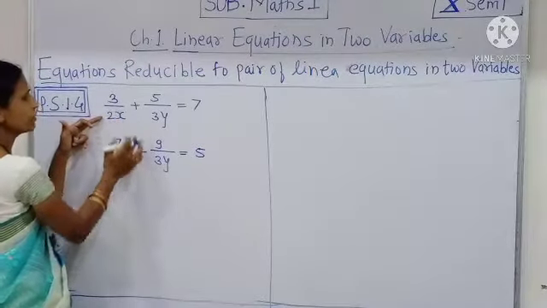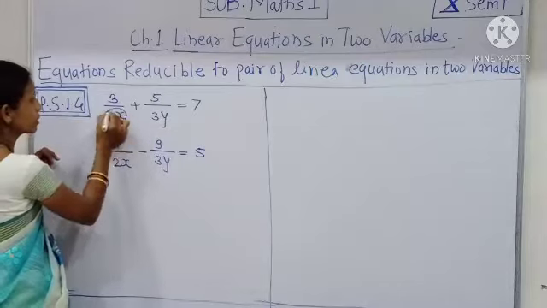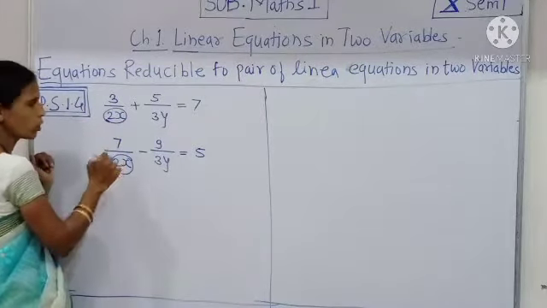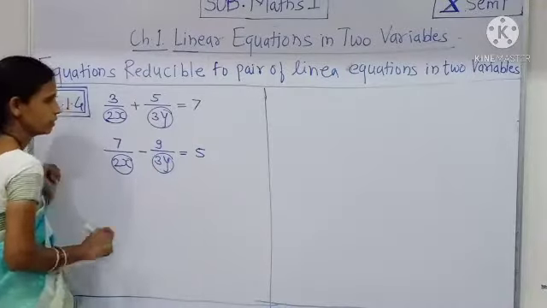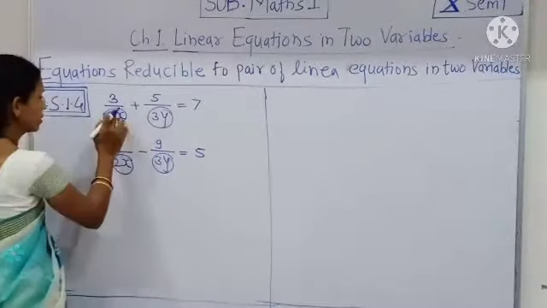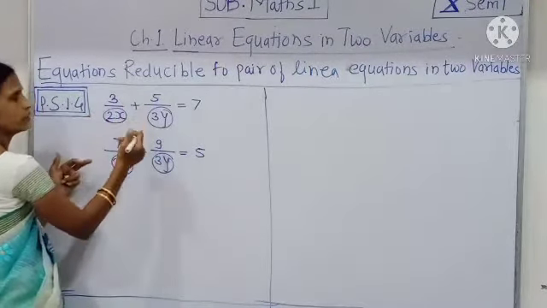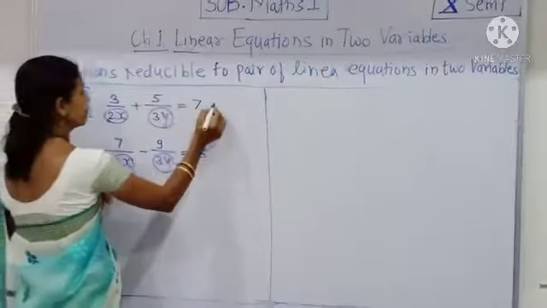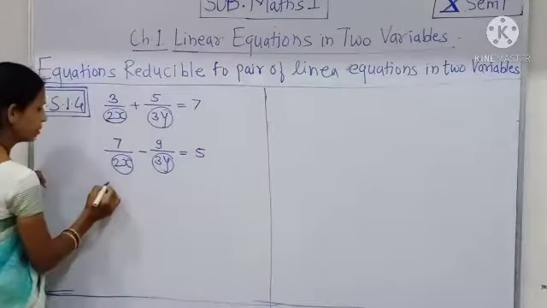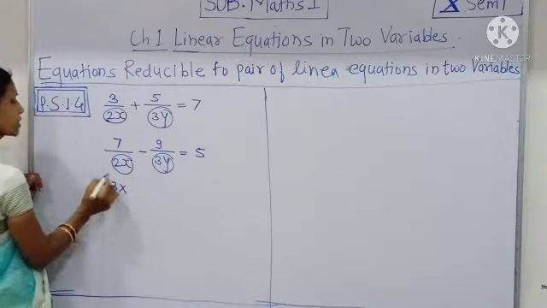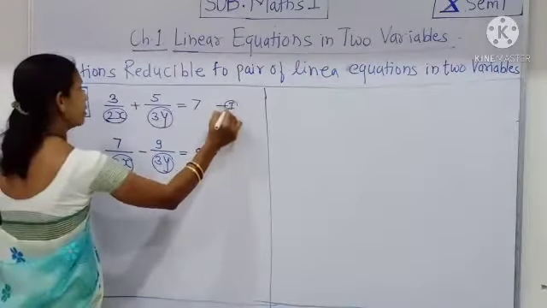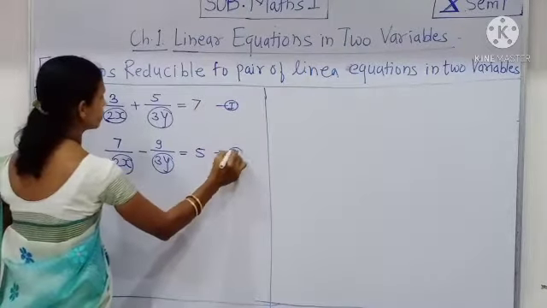In both equations, 2x in the denominator is common, and here 3y is common. Therefore, we can split or rearrange these equations. Let this be equation 1 and let this be equation number 2.